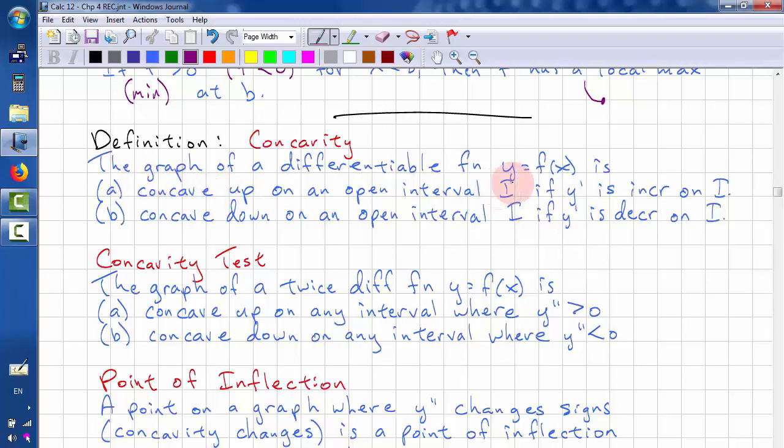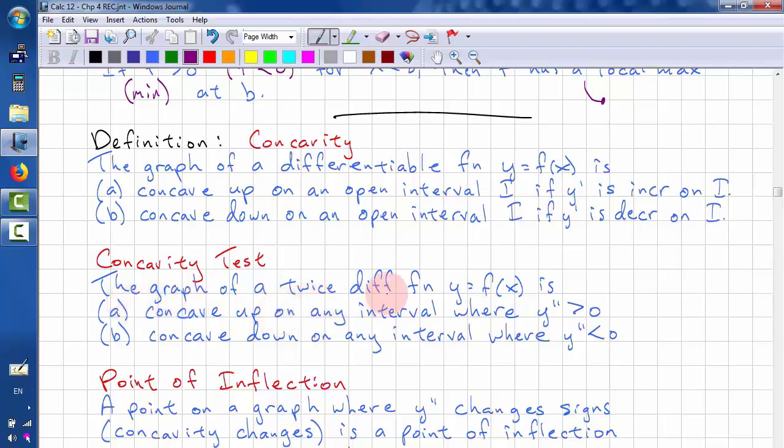The graph of a differentiable function y equals f of x is concave up on an open interval I if the derivative is increasing on I. And B, it's concave down on an open interval I if the derivative is decreasing on I. Note that we are talking about the derivative increasing or decreasing, rather than previously we had been talking about the function increasing or decreasing. And we have a concavity test.